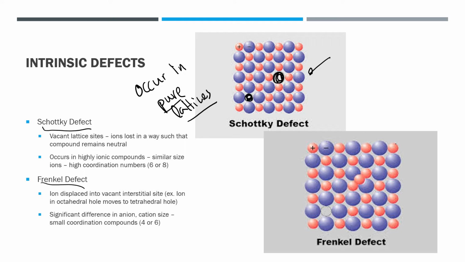So if sizes are very different, extra space in holes, so you're going to have ions being able to move between holes, right? And that's when you're going to have the Frenkel defects. Otherwise, you have the Schottky defects, which is when the size of the anion and cations are pretty similar.